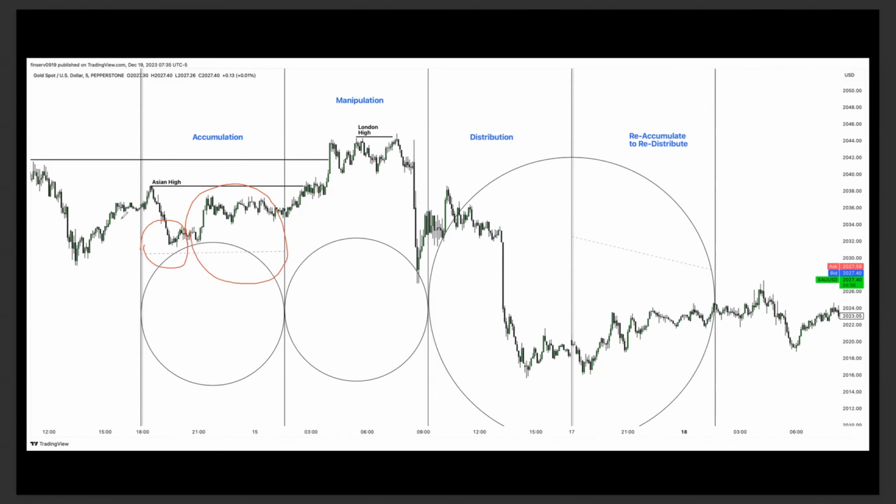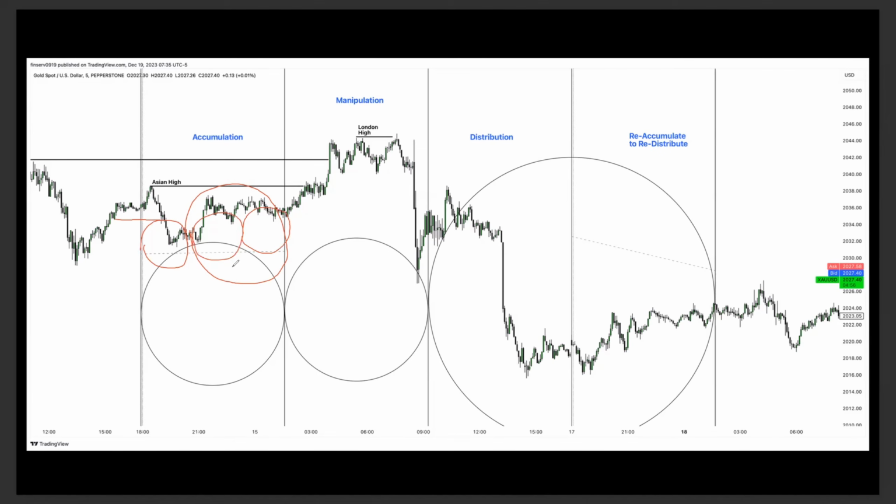And you can see we have stacked liquidity. Well, let me see. Where do we have it? Okay, here, right there. Okay. Then what? So we know that this is manipulation. Then this is going to be distribution. This is going to be reaccumulation to redistribute. You see that?